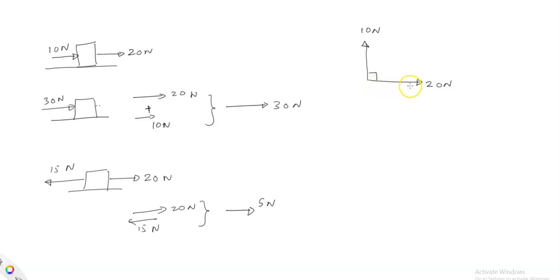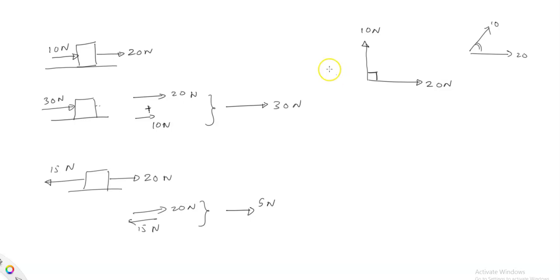This 20 is in the horizontal direction, 10 is in the vertical direction. So in this case, a special case, the angle is 90 degrees. We can't do this if the two forces are like this, 20 and 10, but the angle is not 90, it's something less than 90.